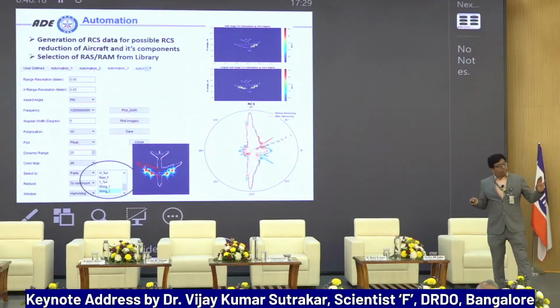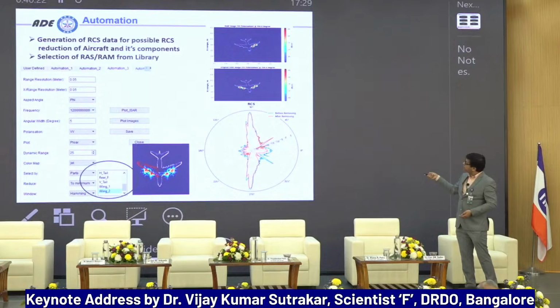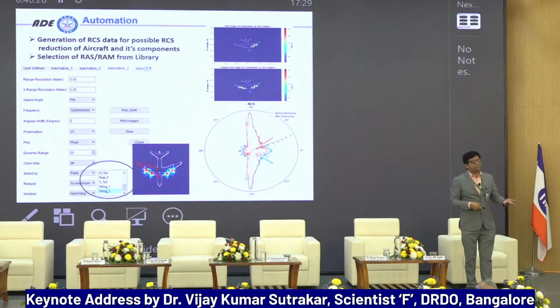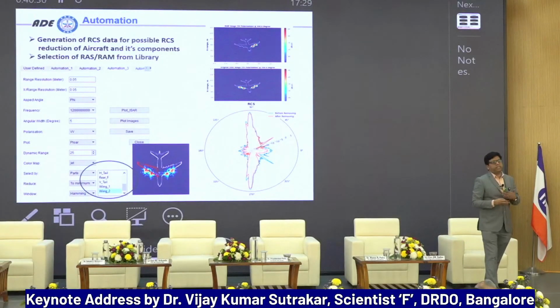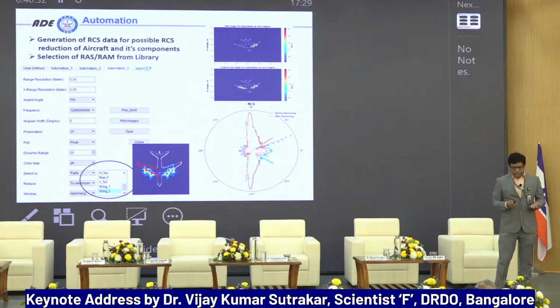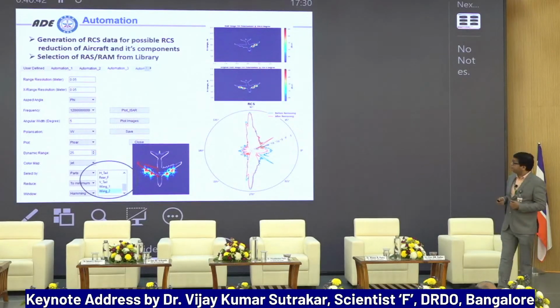Without any computational effort, because we have the library available with these automations, we can remove those engines and tell how much the signature will be, without doing any simulation. We can save a lot of time. A lot of such activities have been done. In the backbone, a lot of AI/ML code has been written, which is helping us reduce effort, and we are generating a lot of libraries. These are all areas where a lot of activity is happening in automation.